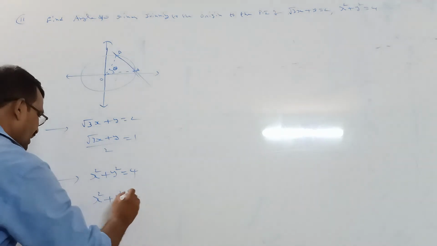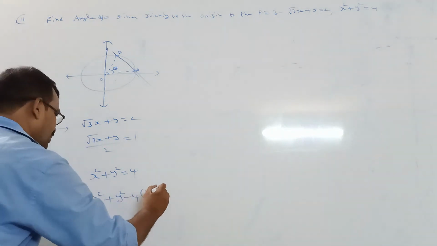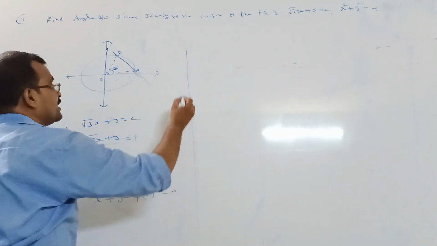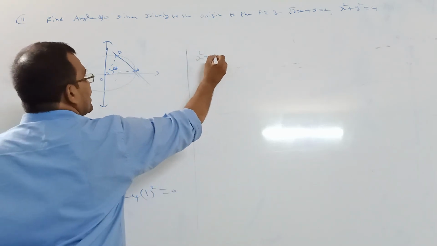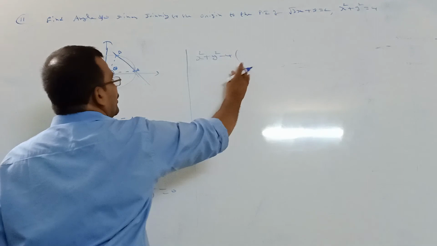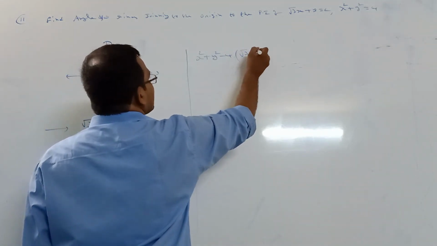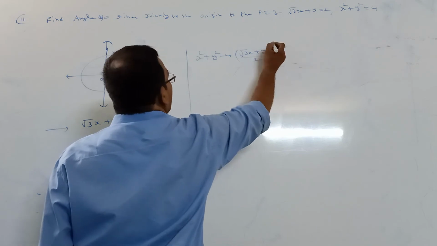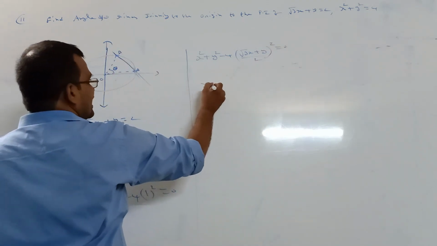So x square plus y square minus 4 into root 3x plus y by 2 whole square equal to 0. The 2 square and 4 cancel.